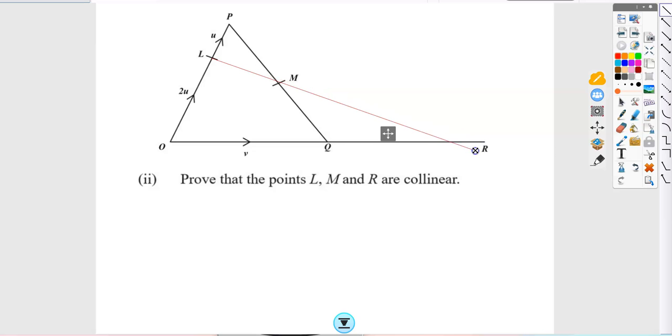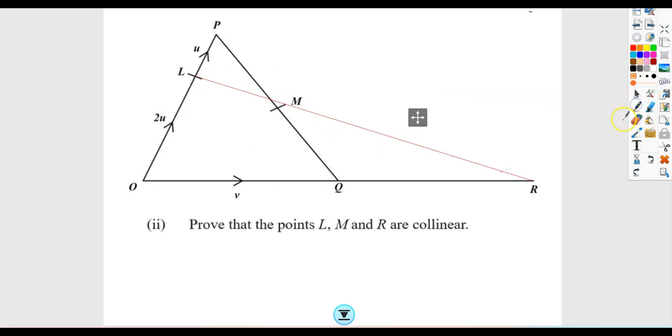But this is not to scale. So if they are collinear, L, M, and R should lie on the straight line. And we can prove that by finding LR and then comparing it with LM.